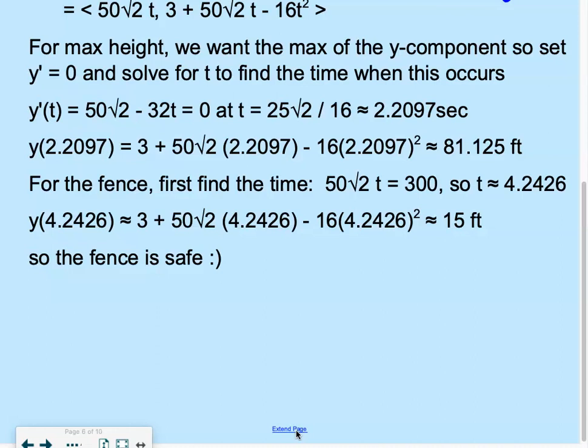You need parentheses, right? All right, so two students fell into the trap of no parentheses. So be careful in your calculator. If you have to do 300 divided by 50 root 2, that 50 root 2 has to be in parentheses, or it's going to do 300 divided by 50 times root 2. So be careful that you put parentheses around what you're dividing by. Good. Any other questions? Any issues?